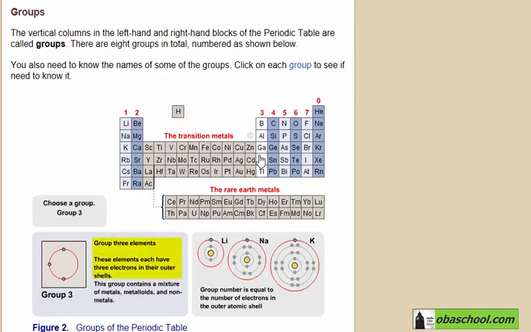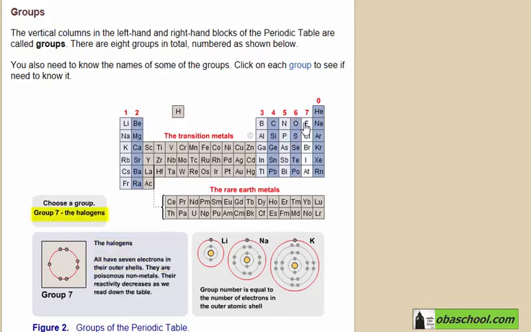Elements in group number 3 have 3 electrons in their outer shell. Elements in group number 4 have 4 electrons in their outer shell. Elements of group 5 have 5 outer electrons. Elements in group 6 have 6 outer electrons.